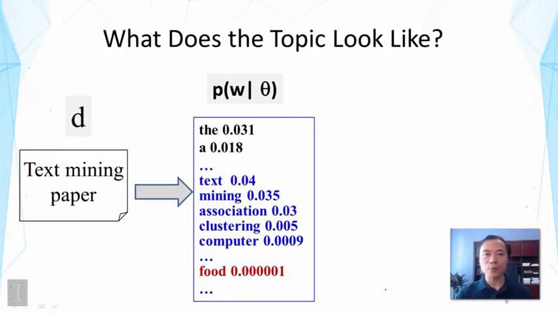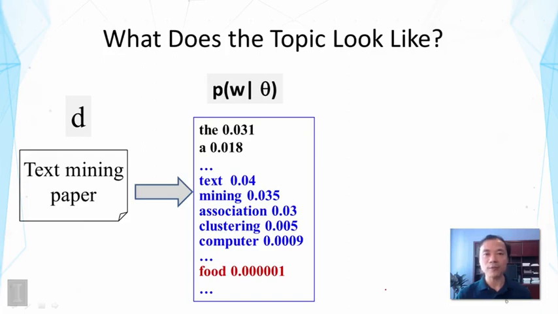So if you imagine what would we get if we use such a maximum likelihood estimator to estimate one topic for a single document d here. Let's imagine this document is a text mining paper. Now, what you might see is something that looks like this. On the top, you will see the high probability words tend to be those very common words, often functional words in English.